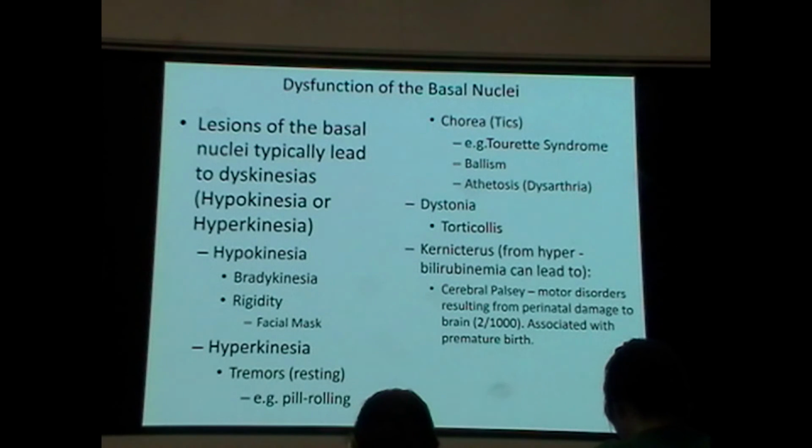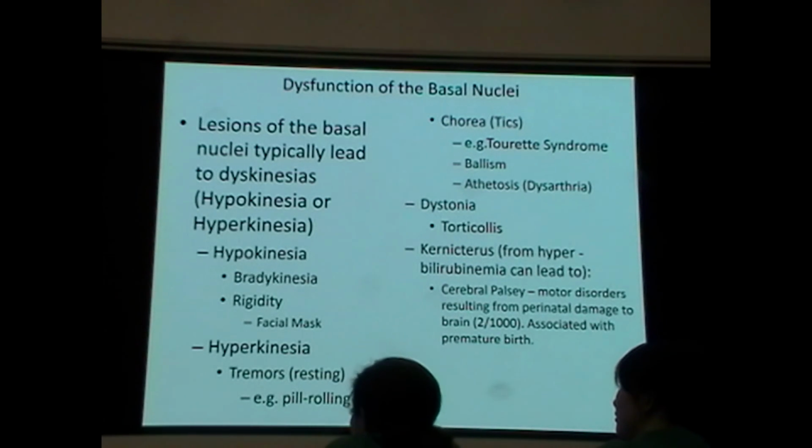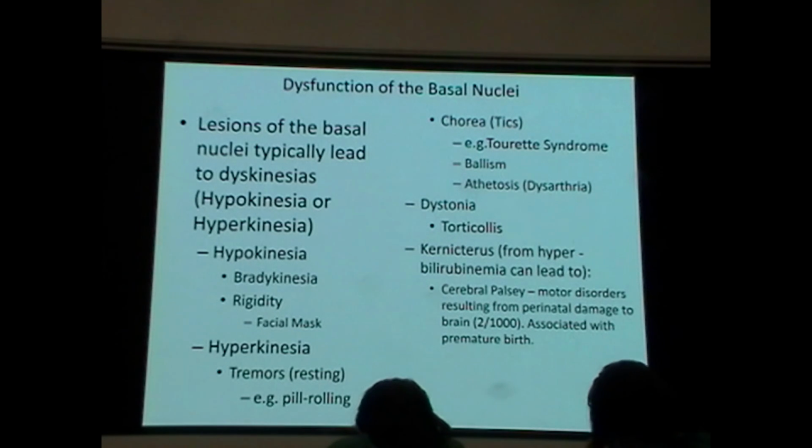So for patients that exhibit Tourette's and ballism, is Tourette's strictly the tics? Yes. And ballism might have large movements, and in certain diseases, like Huntington's disease, there are ballistic movements. In something like Tourette's, you don't typically see a combination of traits like you do with a lot of other basal nuclear problems. Then there are athetoid movements.